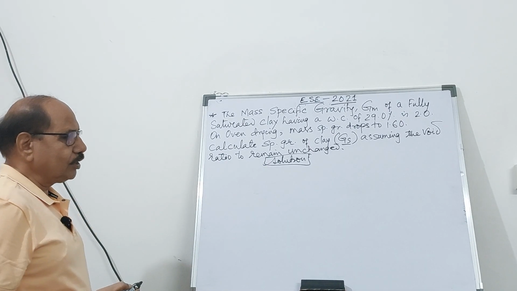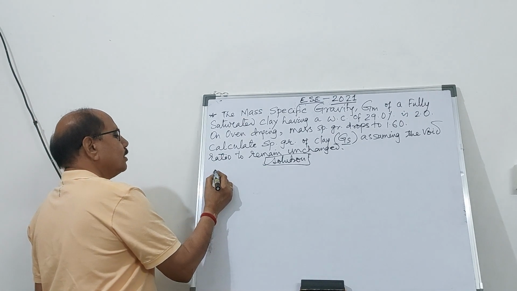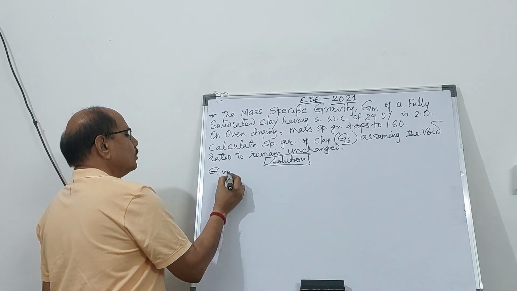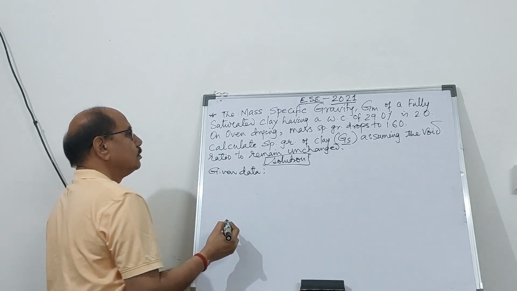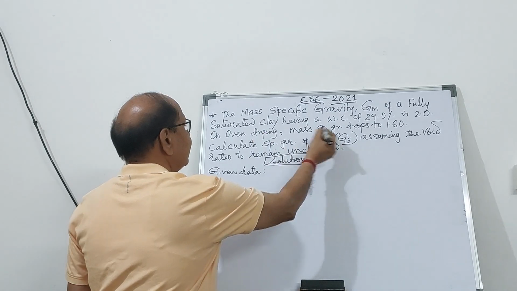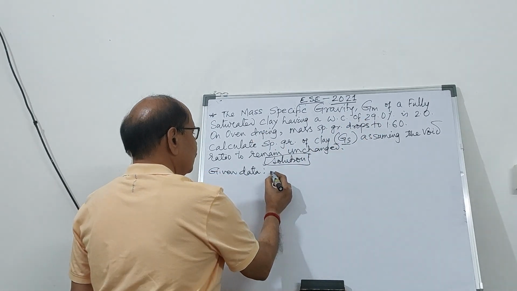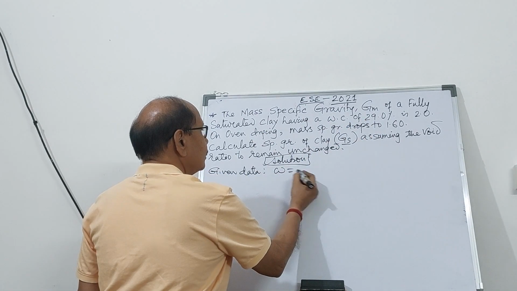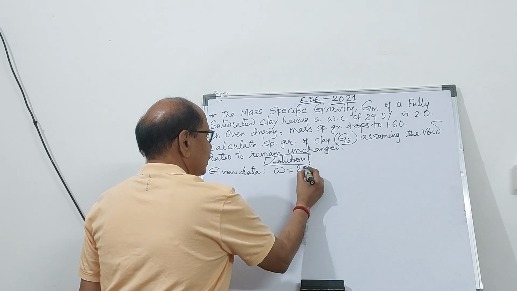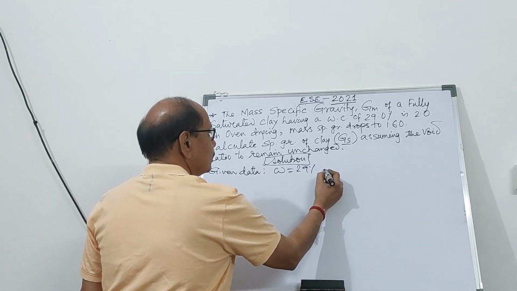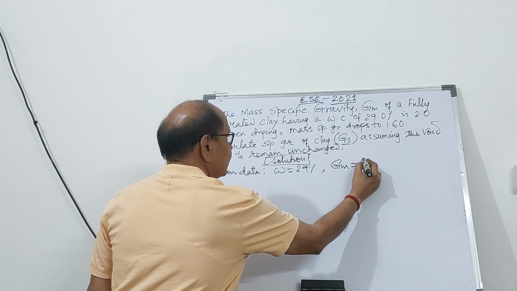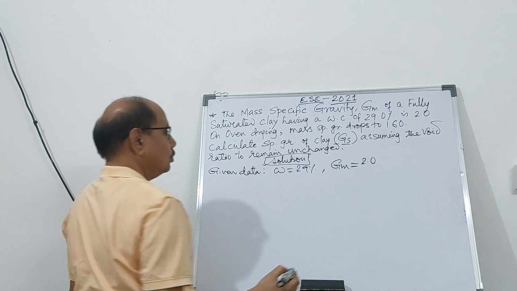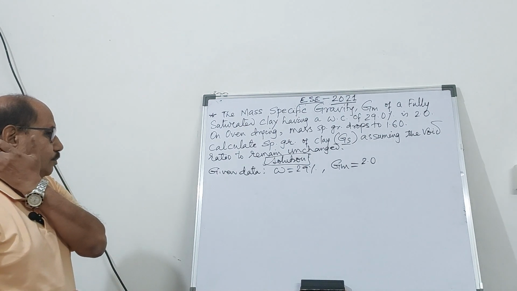The solution is going to be quite simple here. What is given? The data is already mentioned: water content is 29%, and the mass specific gravity is this much.